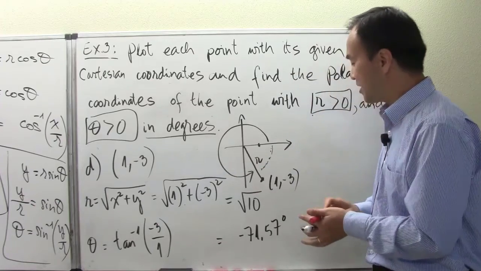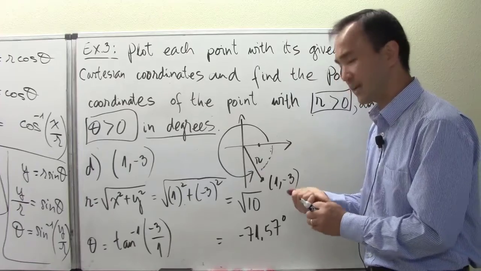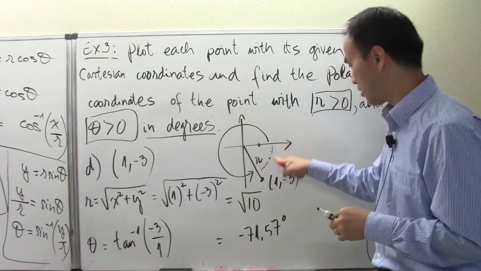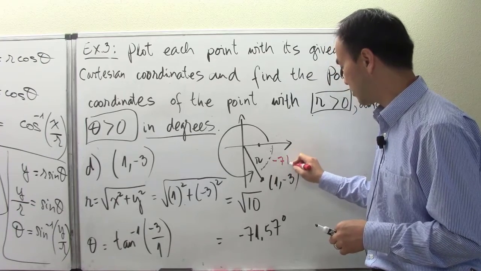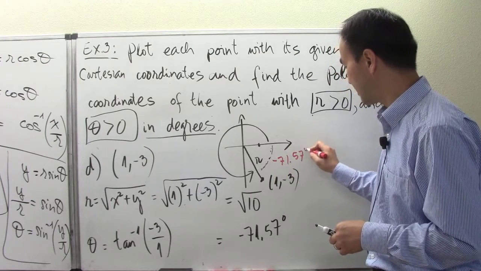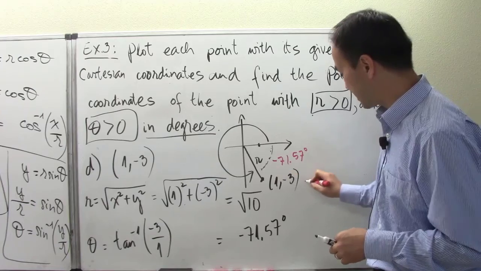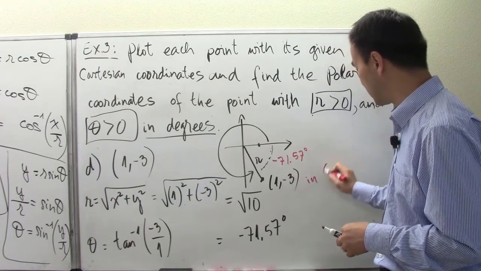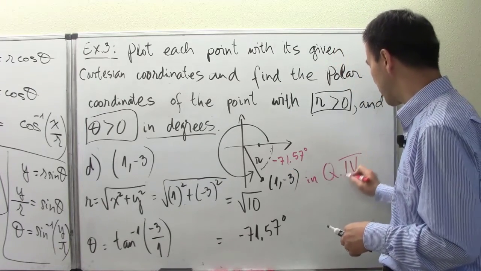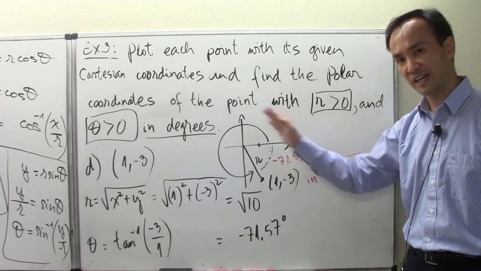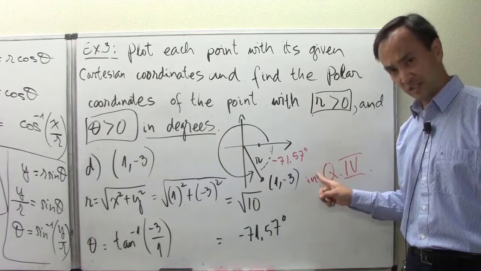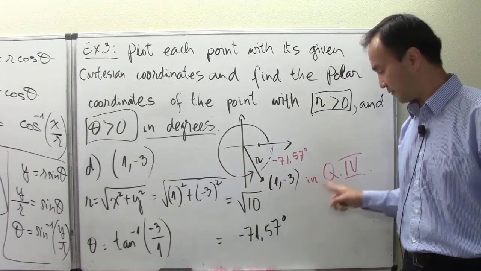Okay, so now the treatment we need to apply here: notice the answer here is that angle, negative 71.57 degrees. And then we notice our point right here is in Q4. So this is the trick that, once we pick it up, will be the general trick any time we're getting the angle theta in degrees as a positive angle in quadrant 4.